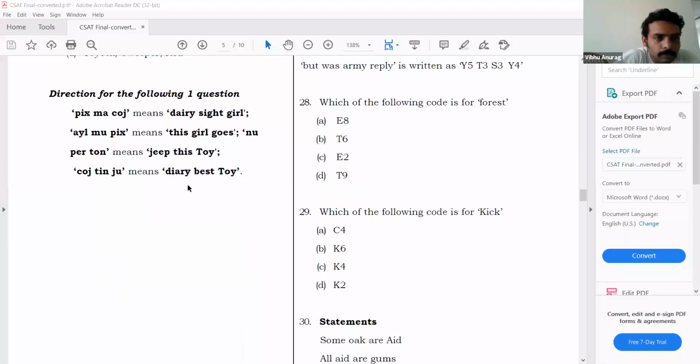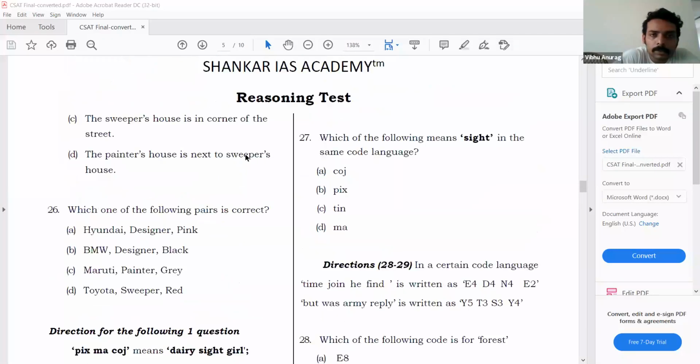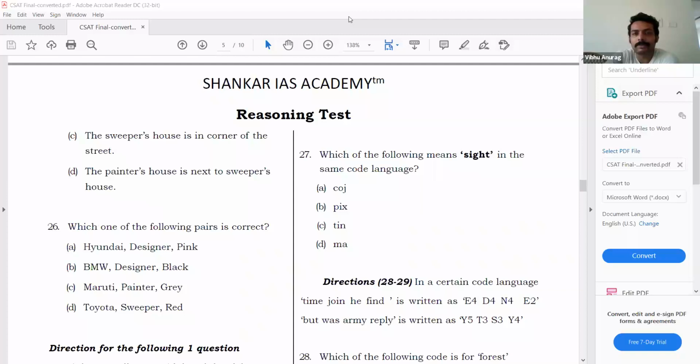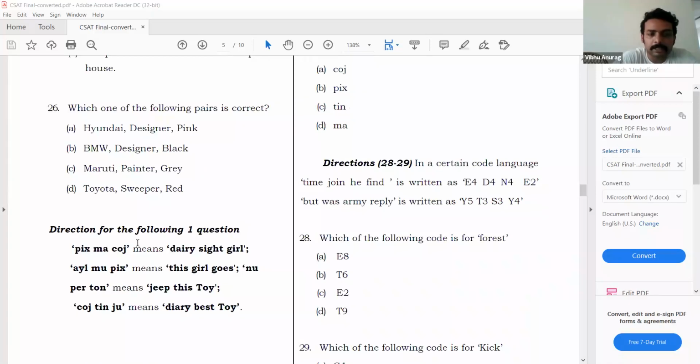Question 27. They're asking which of the following means site in this code language. So you can eliminate the first. See, site is found in the first sentence, dairy side girl, and it's not there in any other. So I'll find out what is girl and what is dairy and I'll eliminate. Girl is common in first and second, and the common code is pigs.